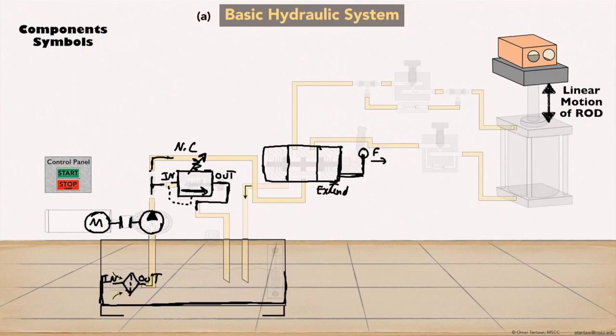If the handle is pulled all the way back, I'll end up with the retract position. If it's in neutral, I'll end up with the P port blocked, so I'll end up with a blocked position. If you look at it, you'll see that the A port is also blocked, the B port is also blocked, and the T port.